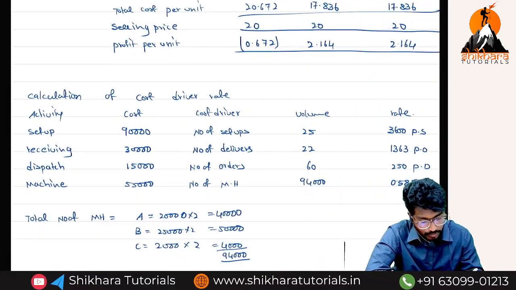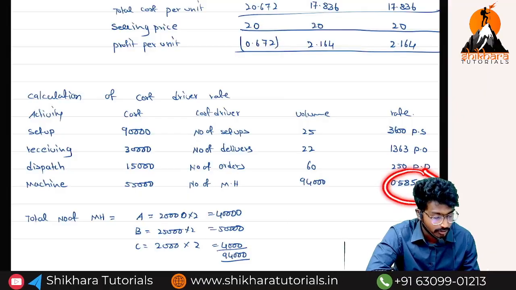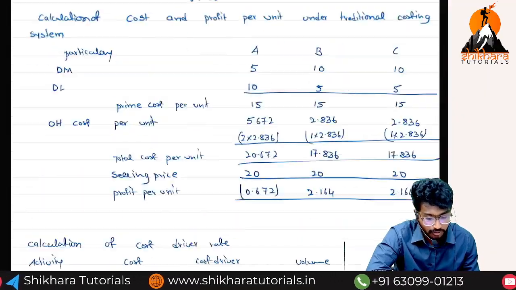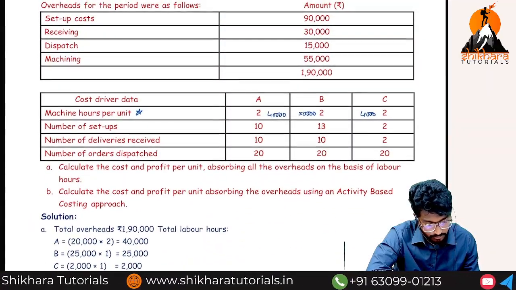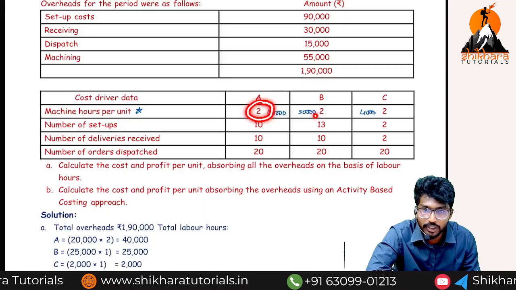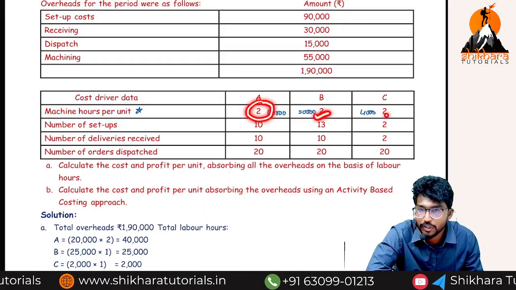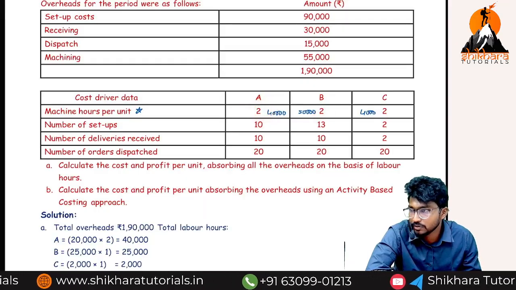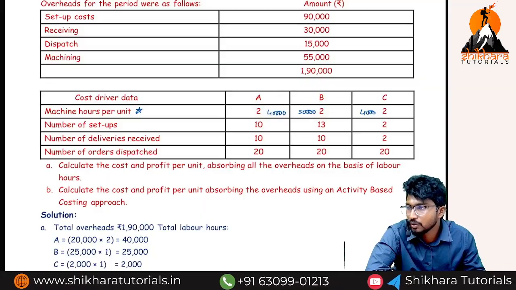What is the cost per mission hour? 0.585. If you see here, for A how many hours? 2 hours. For B also per unit 2 hours only. For C also per unit is 2 hours only. You can directly multiply with 2 hours.